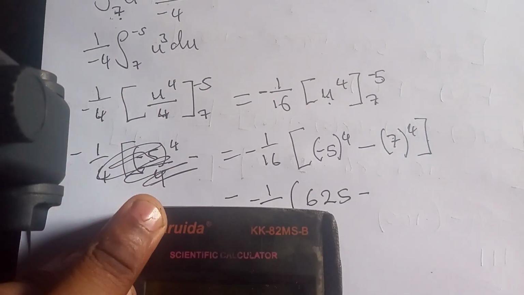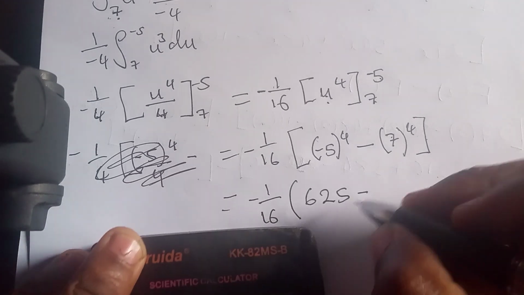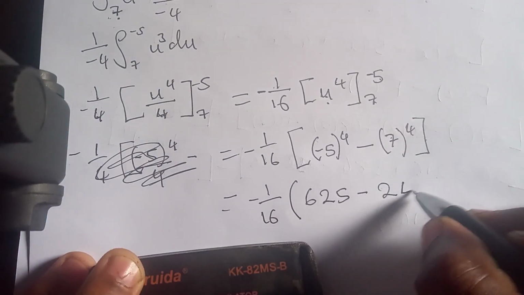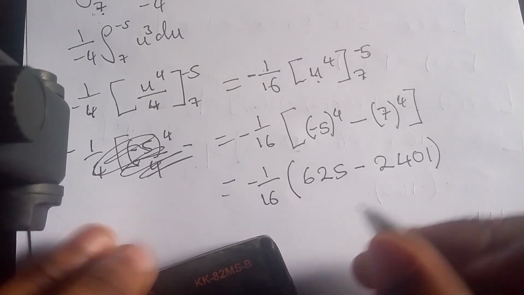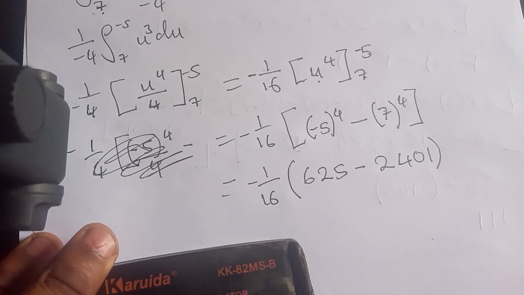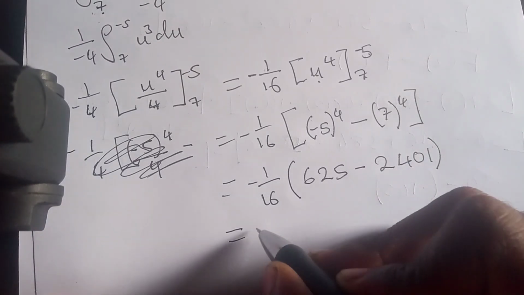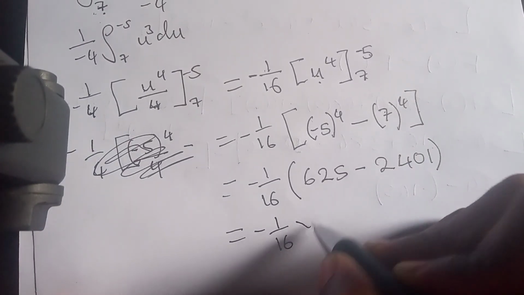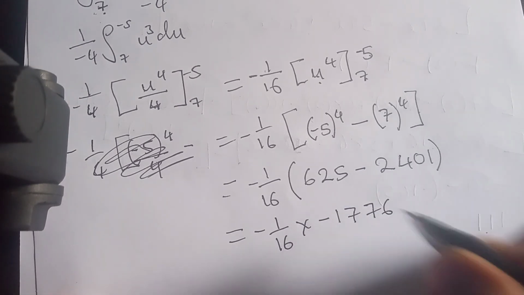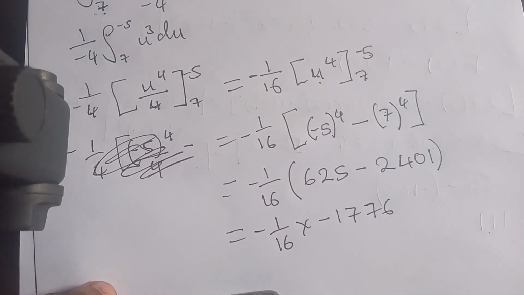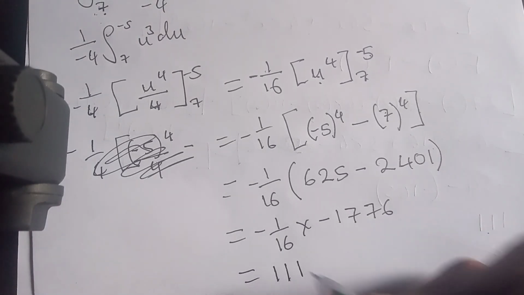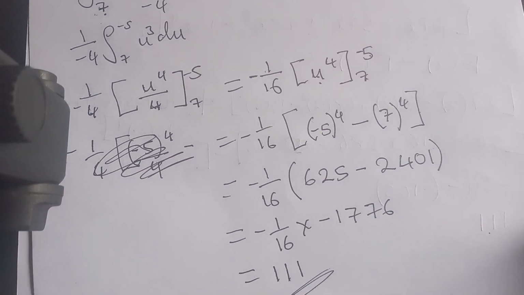Then 7 to the power 4 is 2401. Then we can subtract these two numbers, 625. So I'm getting negative 1776. Then divide it by 16. We have 111. So this is an alternative way of solving.